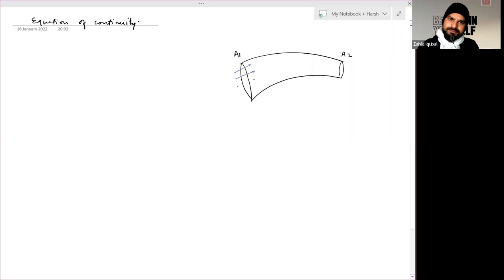At this instant, velocity of liquid will be V1. At this instant, velocity of liquid will be V2. Since each layer has the same velocity, the liquid will be non-viscous and incompressible. So we have to relate A and B for any instant.